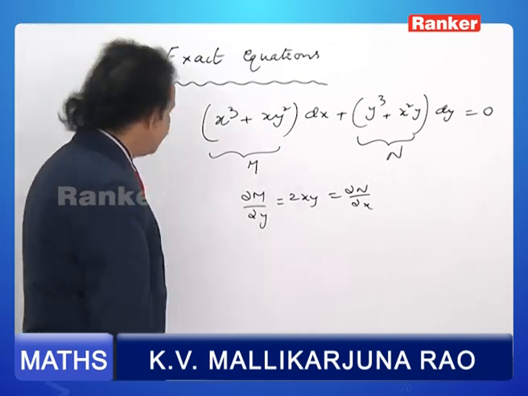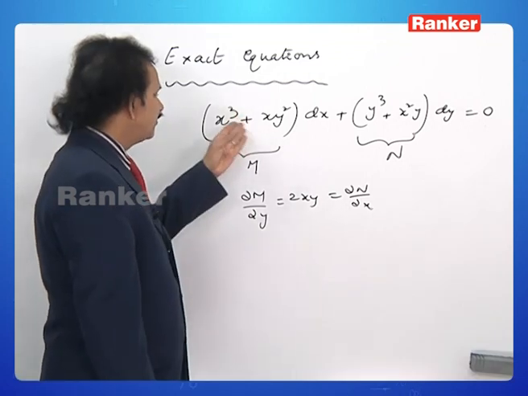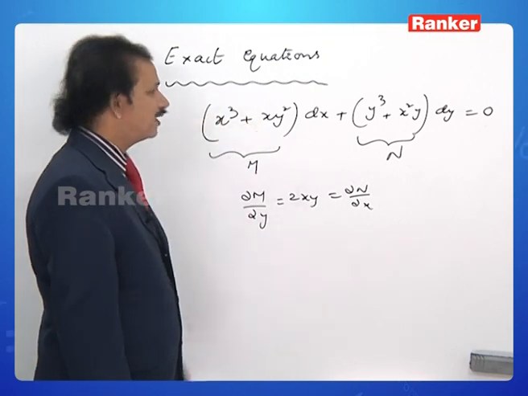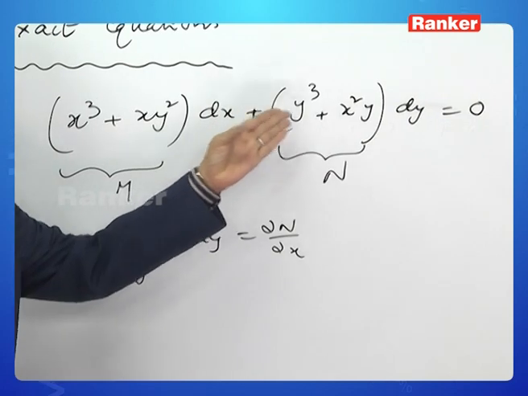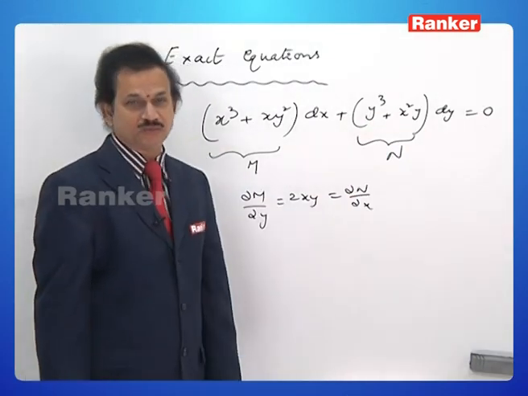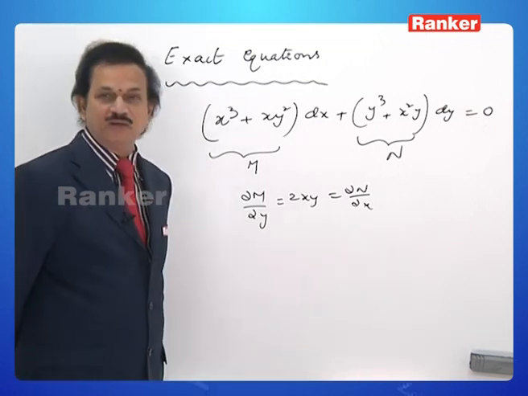Okay, friend, one more thing. If you take x as a common factor, you will be having x square plus y square. If you take y as a common factor, y into x square plus y square. If you divide throughout by x square plus y square, this equation can be simplified to x dx plus y dy is equal to 0.